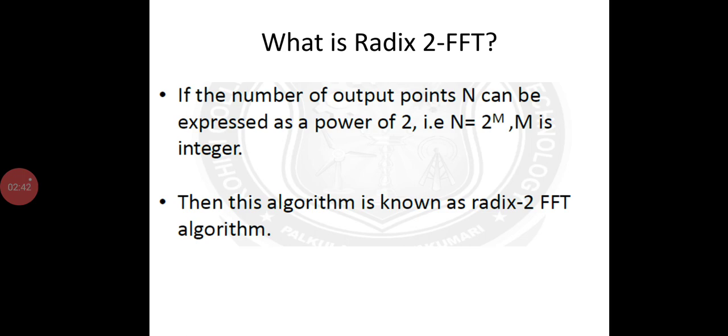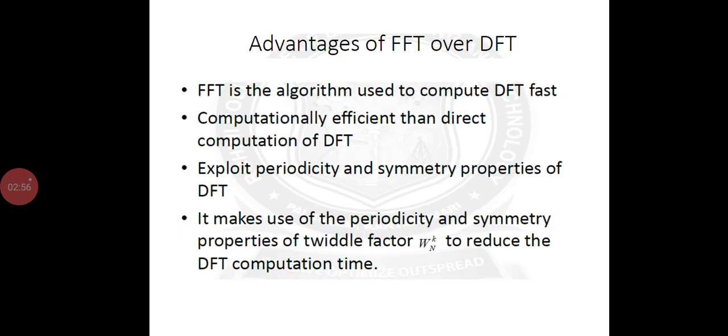Here the number of output points N can be expressed as a power of 2, that is N equal to 2 power m, where m is an integer, and this algorithm is known as the radix 2 FFT algorithm. And while we are seeing the advantages of FFT over DFT, the FFT is the algorithm used to compute DFT fast and is computationally more efficient than direct computation of DFT.